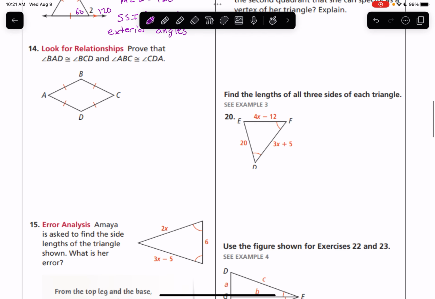Number 14, prove that BAD is congruent to BCD and ABC is congruent to CDA. So notice that's telling us the opposite angles are congruent.